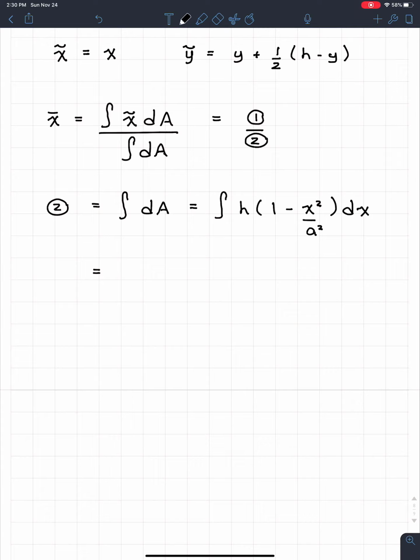So the h is a constant, so let's take out the h, and we're going to have the integral of 1 minus x squared over a squared. And again, this is all with respect to dx. So the next thing that we're missing, of course, is our boundaries. If we look at the dx, or I guess the with respect to thing, the d something, this is x.